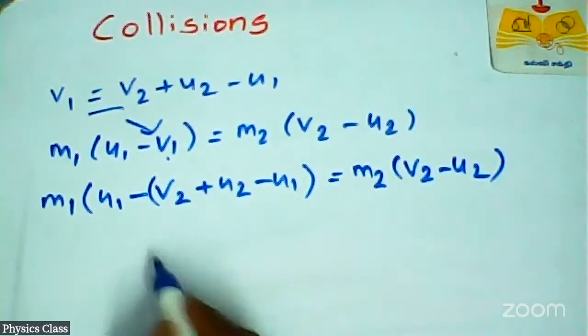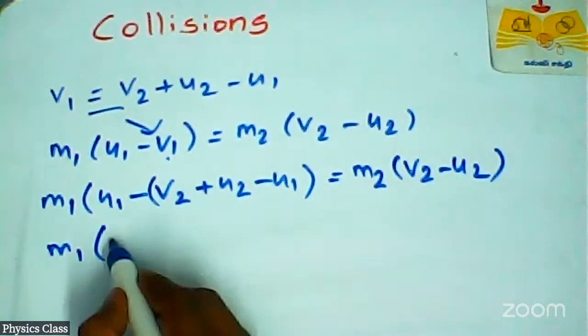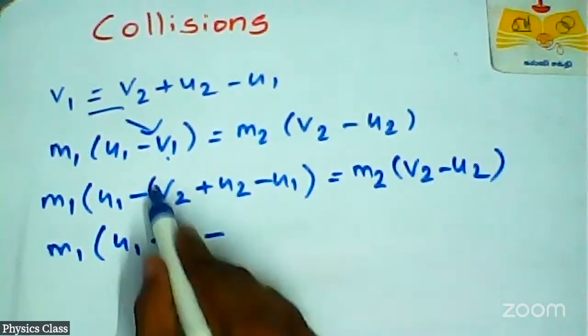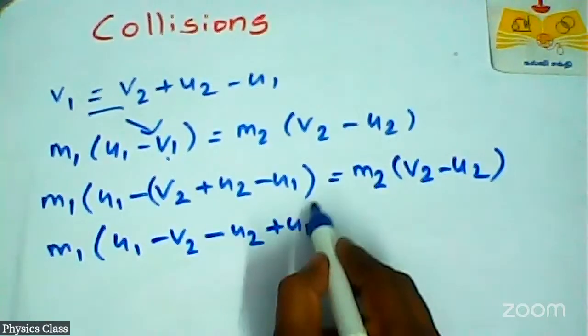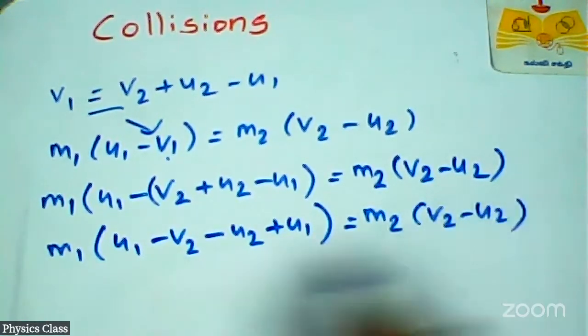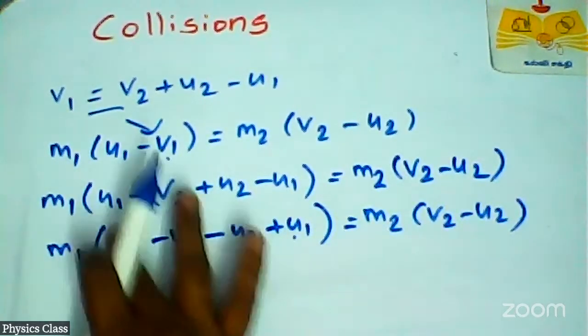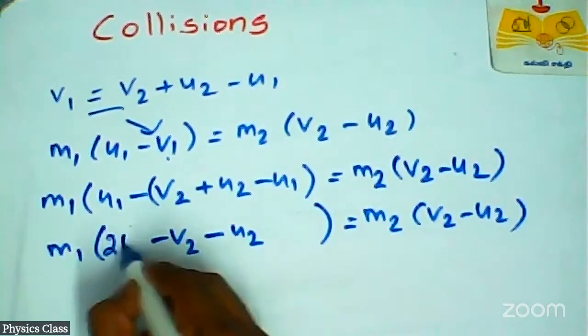Okay, so minus of v2, minus of u2, minus into minus gives plus, and u1 plus u1 gives 2u1. These two quantities add up.